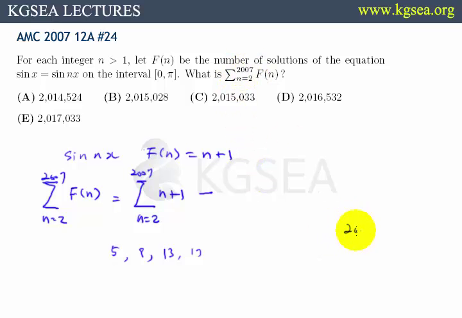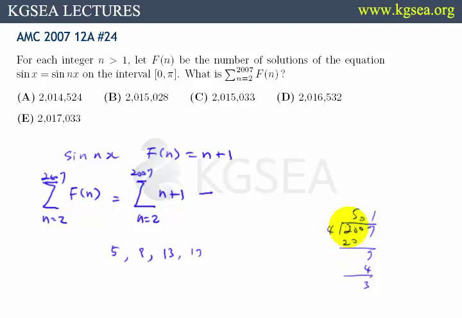So if I have 2007 divided by 4, I get 500, and I get 7 here. So I fit only 1, 4, 3. Okay, so it has 501 multiples of 4 in it.